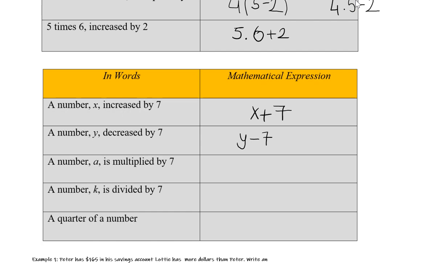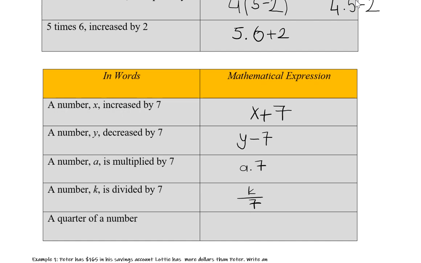A number a multiplied by 7. I multiplied a with the 7. A number k divided by 7. A quarter of a number. What is the meaning of the quarter?